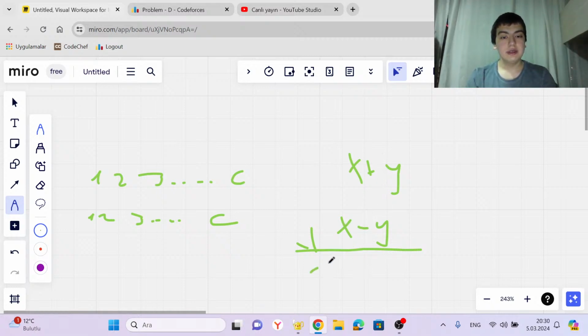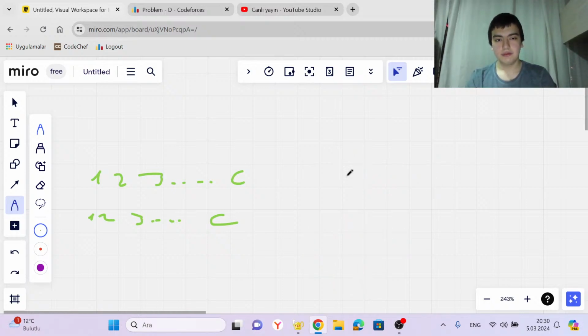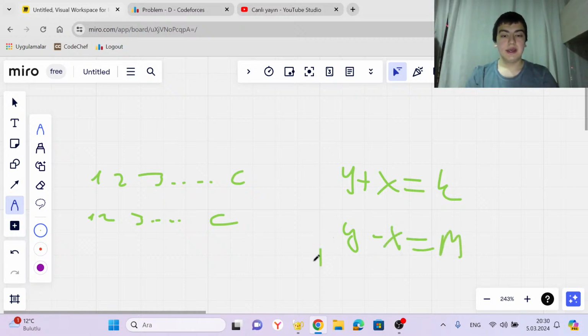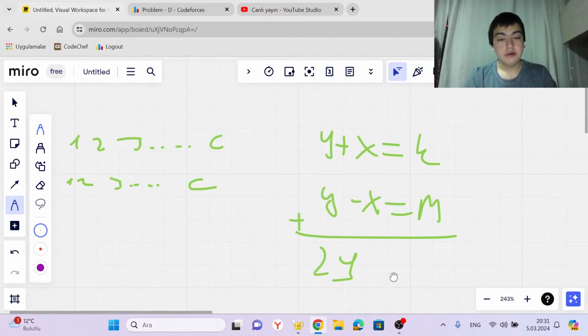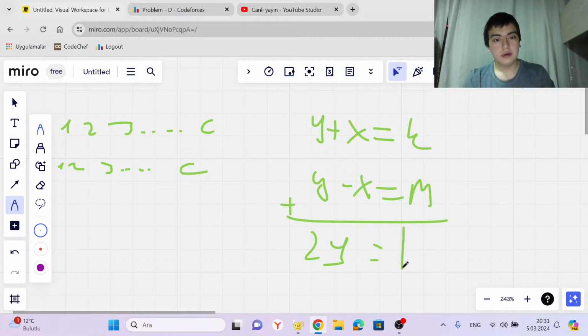Let's say y plus x is equal to k, and y minus x is equal to m. Let's add these values, the sum of these values, then we will see 2y is equal to k plus m.